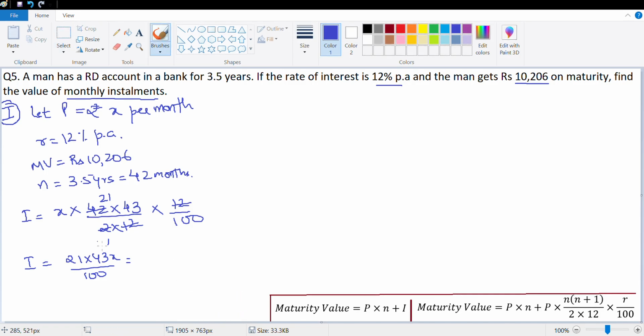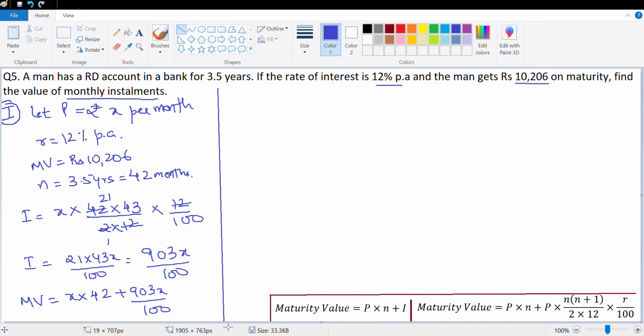So I is equal to 903x upon 100. And maturity value would be equal to principal, which is X, multiplied with number of months, which is 42, plus the interest, which is 903x upon 100. As per the question, maturity value is 10,206.